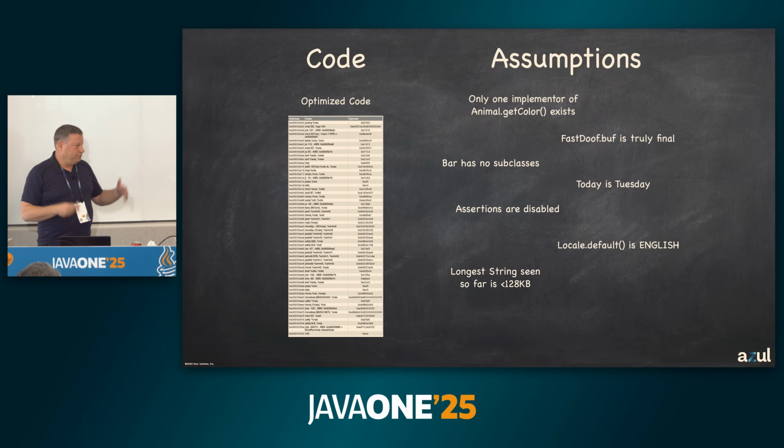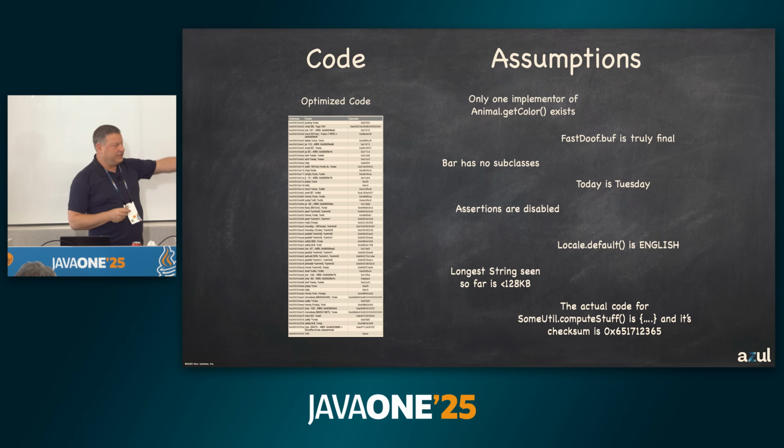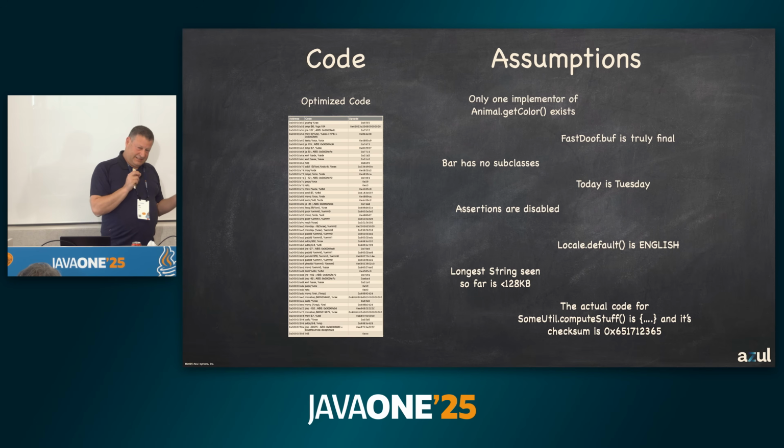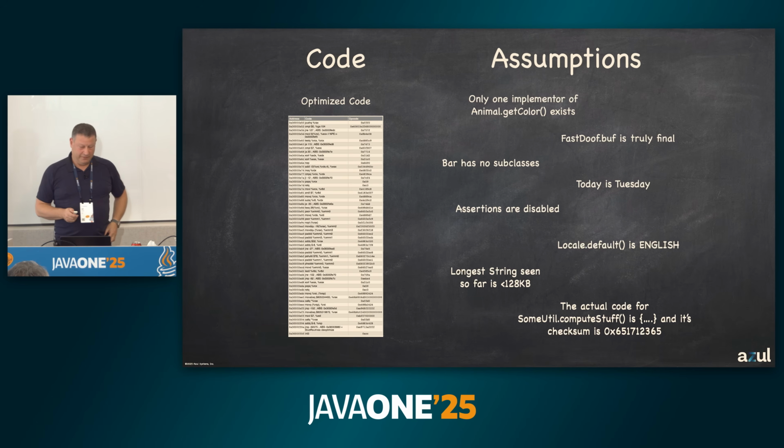And I haven't seen strings or arrays above a certain size in certain places. We can go all the way to saying, the implementation of this method is exactly these bytes with this hash code, and therefore I could intrinsify the method. You could go that far. Now, by the way, not every one of these is an implemented optimization. I'm just throwing them at you as examples. More than half of them really are.